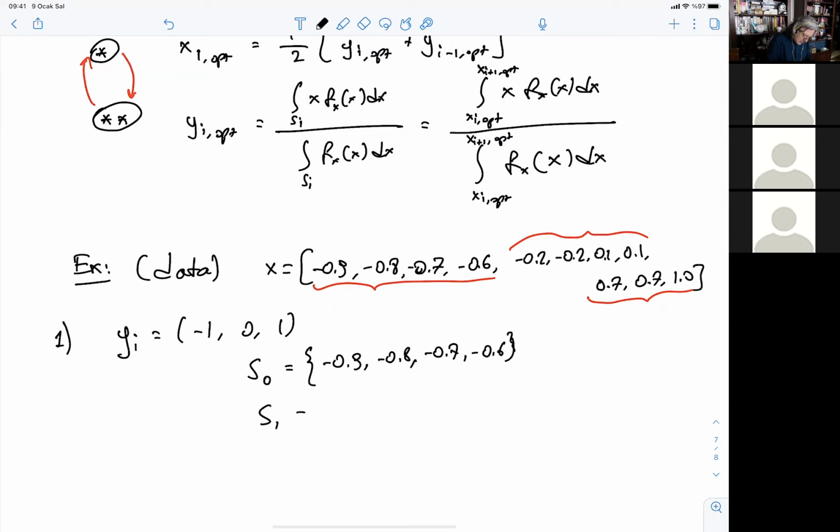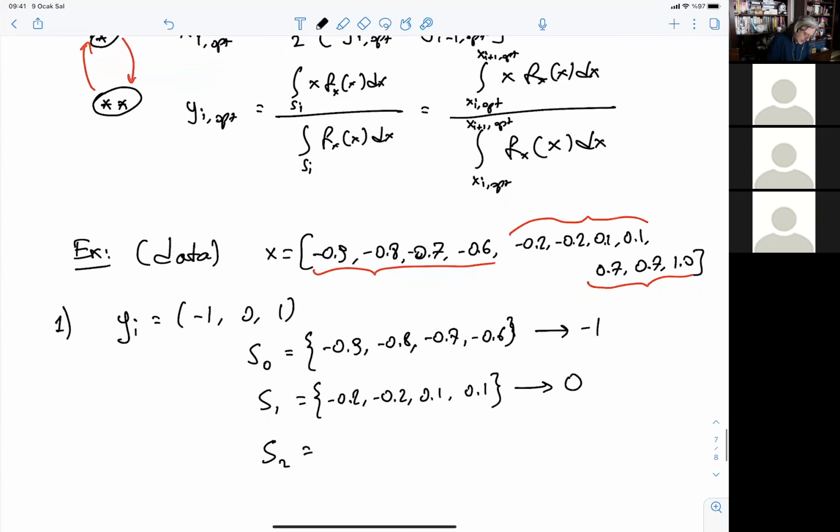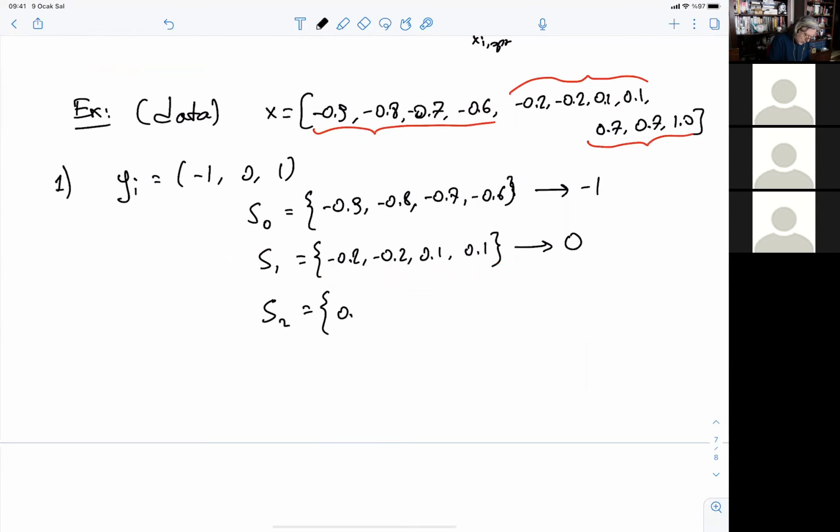The other set S1 will be the ones nearest to 0: minus 0.2, minus 0.2, 0.1, and 0.1 will belong to the class which is represented by 0. And the final class will contain 0.7, 0.7, and 1.0, which is nearest to the class represented by 1.